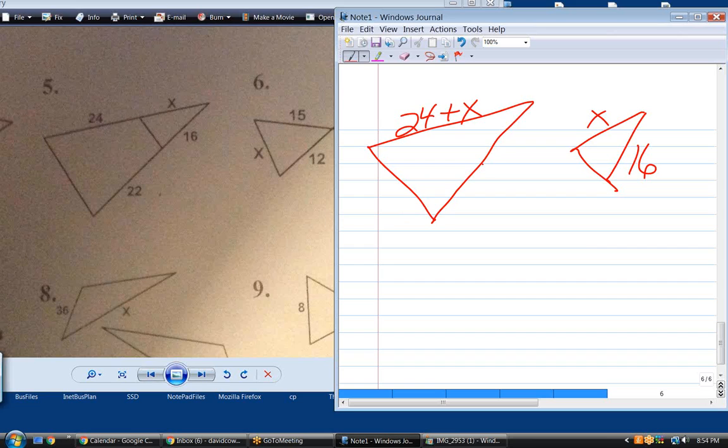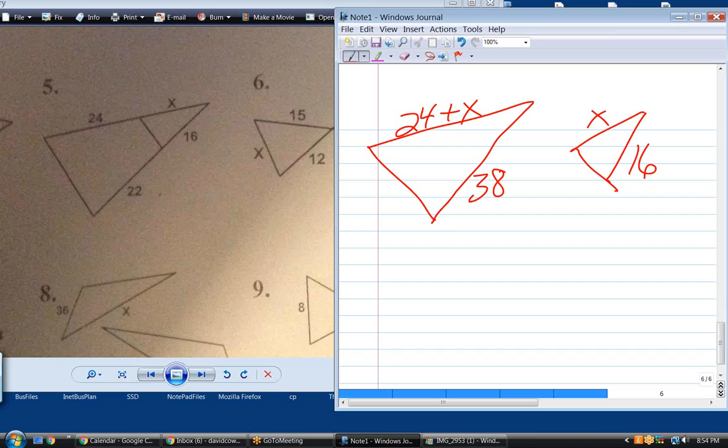What's this side over here? 22. No? 22 is the measurement of that side of a trapezoid. Oh, it would be 38. Correct. Okay. Now I've got only one variable and I got all kinds of relationships.